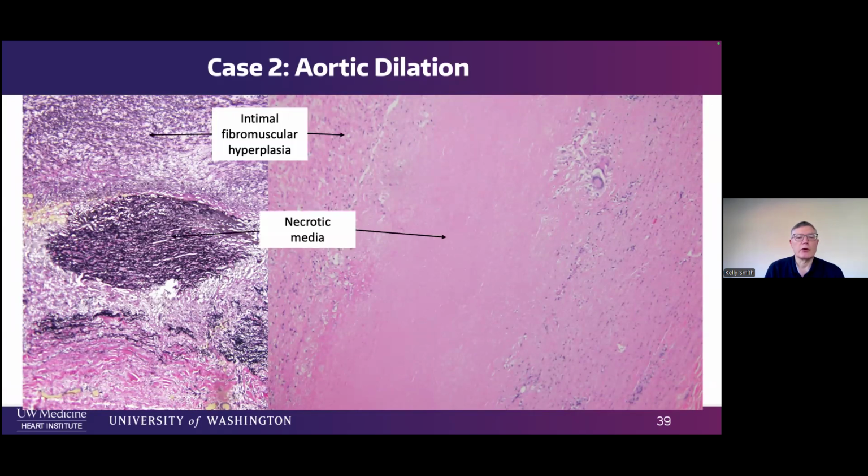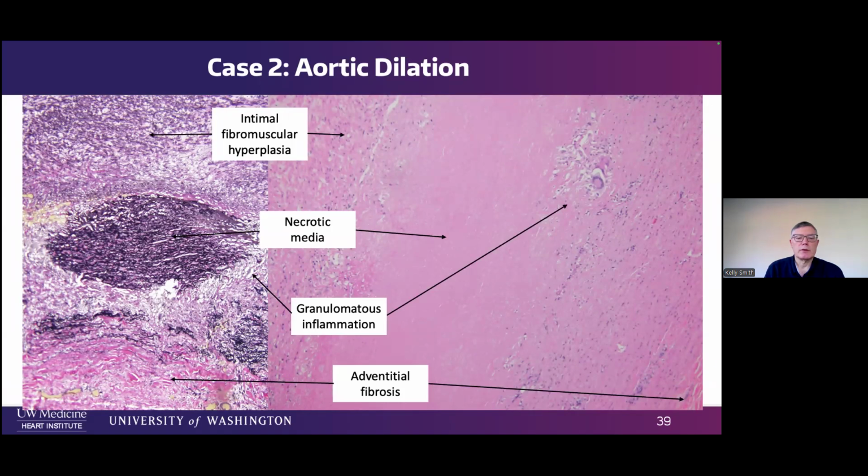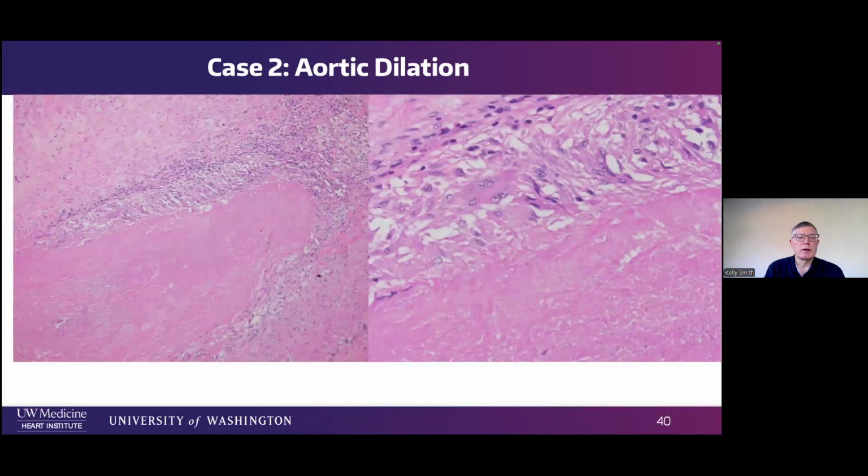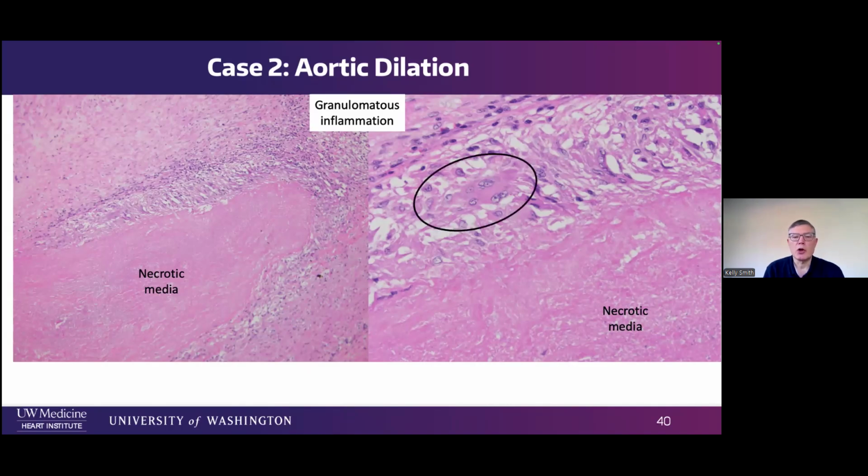Okay, here we show those areas. And then a higher power view, again, showing this granulomatous inflammation around an area of necrotic media with giant cells present in this histiocyte-rich granuloma. And again, granulomatous aortitis. Next slide.